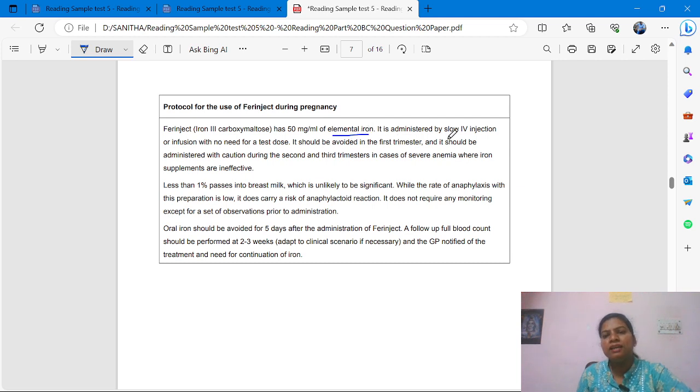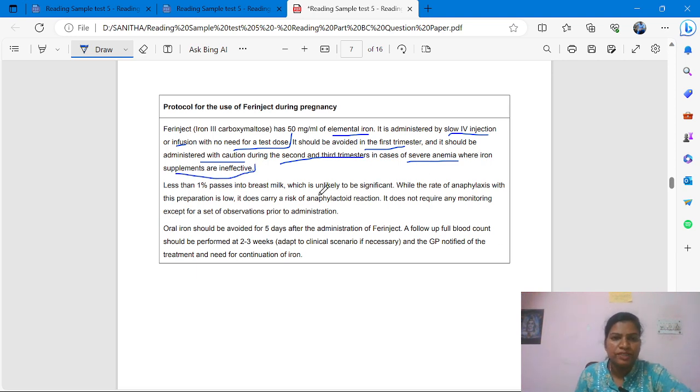Okay, it is administered by slow IV injection or infusion with no need for a test dose. It should be avoided in the first trimester and should be administered with caution during the second and third trimester in case of severe anemia where iron supplements are ineffective.